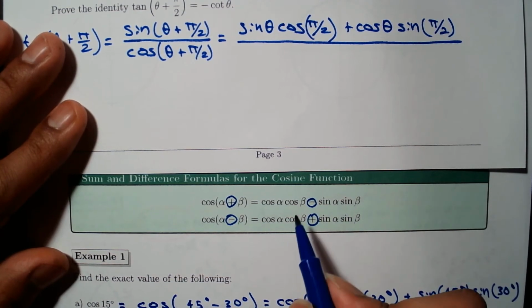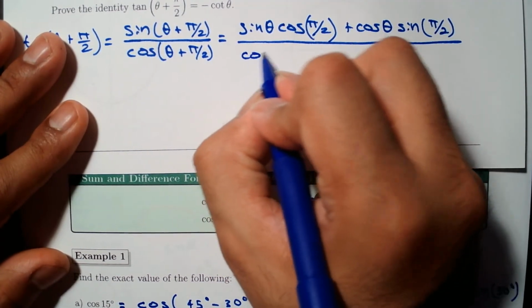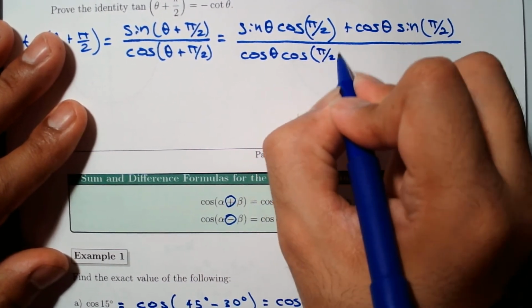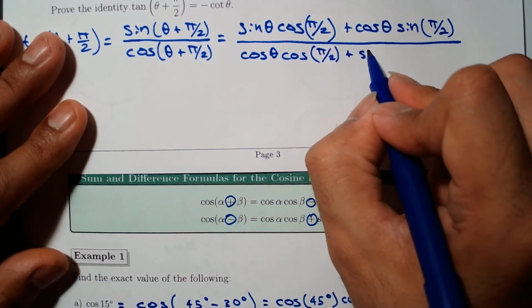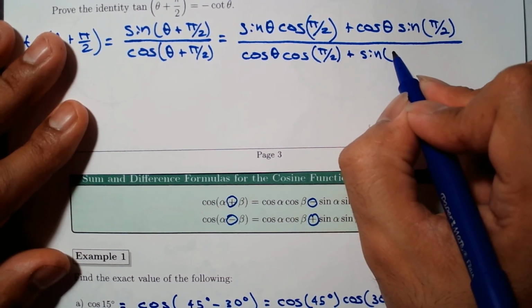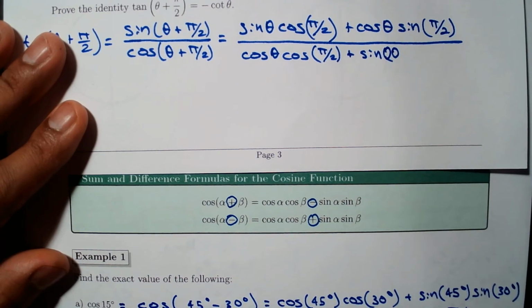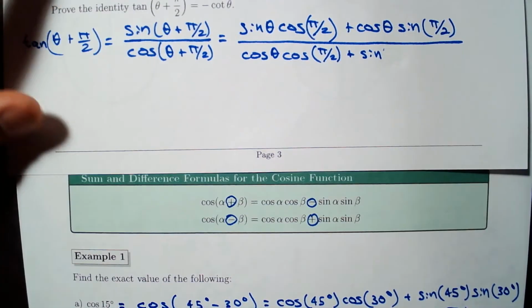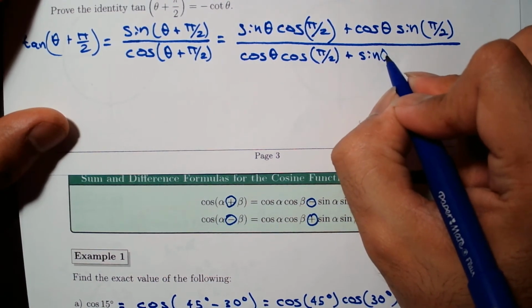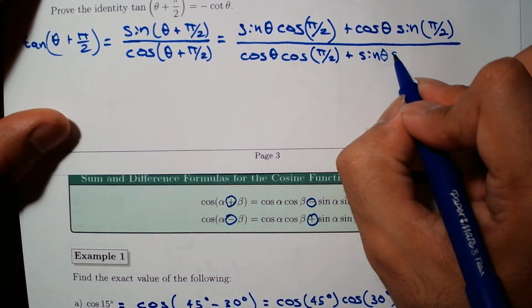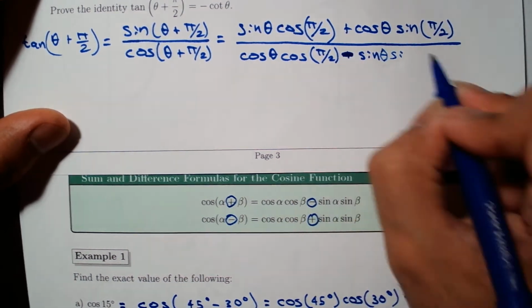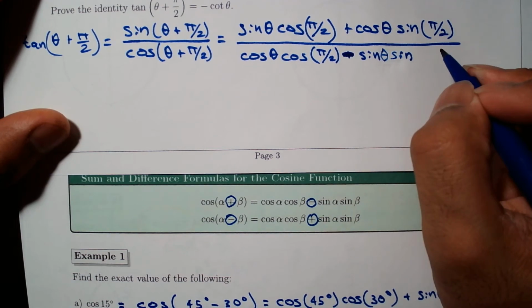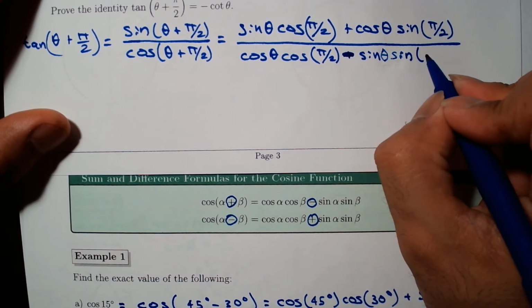So cosine theta cosine pi over 2 plus sine theta sine pi over 2. Well, actually this is minus sine theta sine pi over 2.